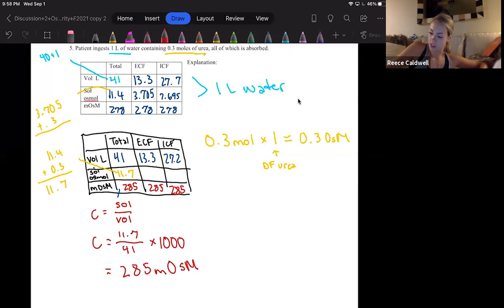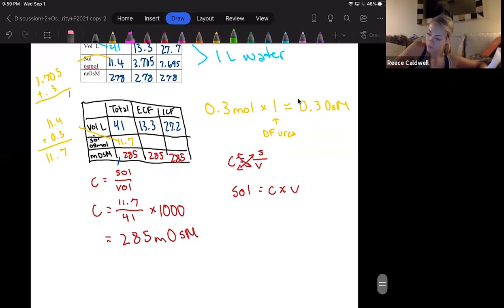So now we're going to be solving for solute. Oh yeah, we have solved for solute. We'll use that crisscross method with solute equals concentration times volume to solve for those last 2.